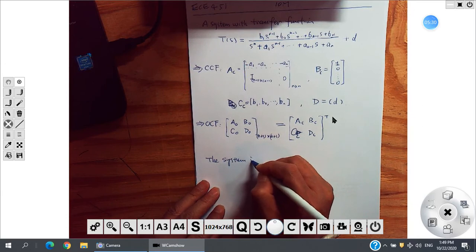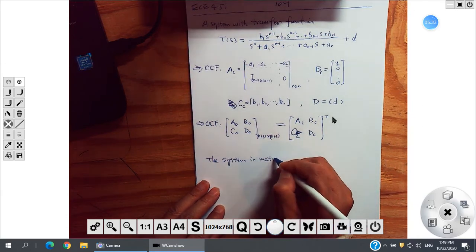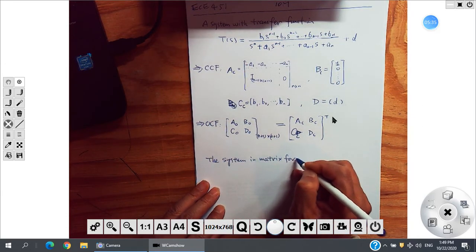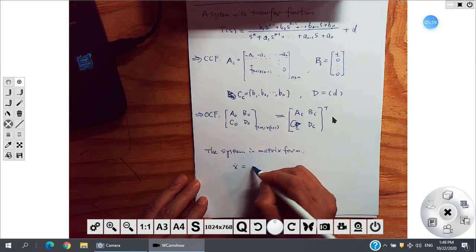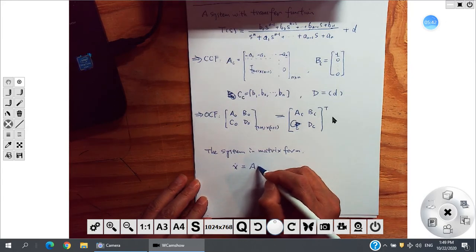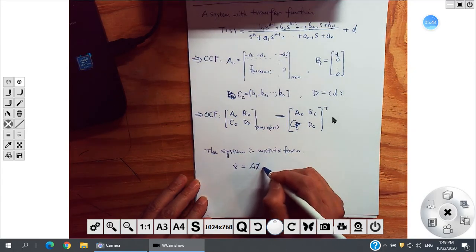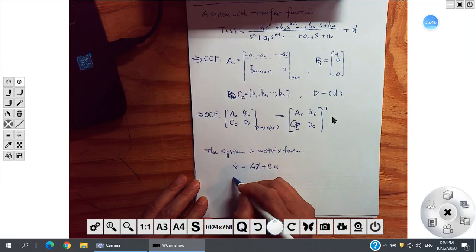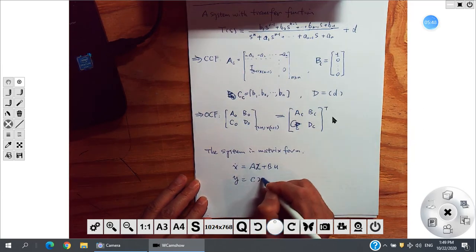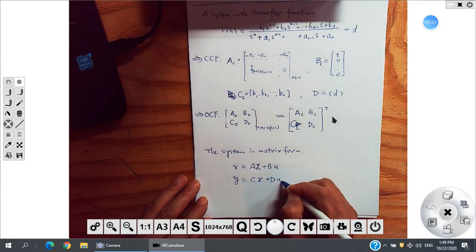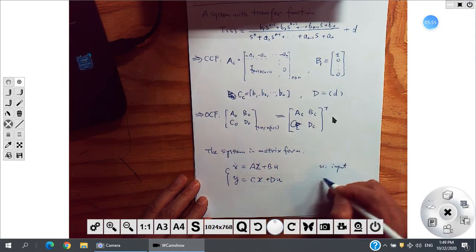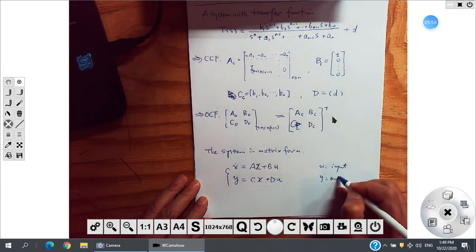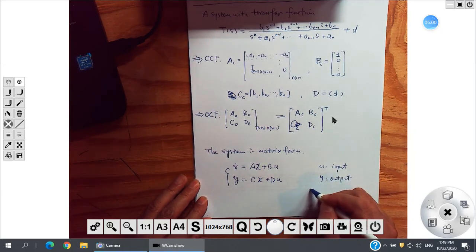And the system in matrix form will be: X derivative equals A times X plus B times U, and Y equals CX plus DU. Here U is the input, Y is the output, and X is the state variables.